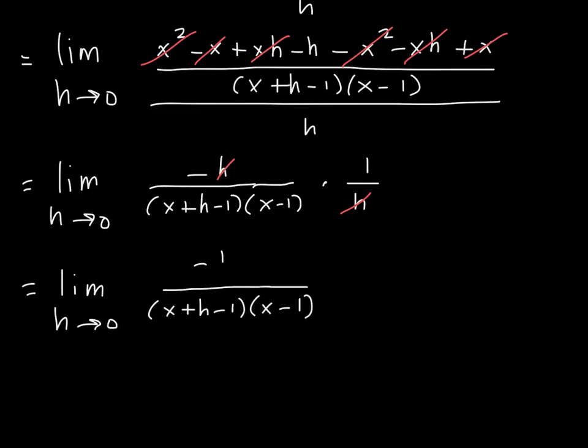Now, the denominator for once of this expression is no longer 0 when we use direct substitution. So let's go ahead and directly substitute here. Let h become 0. And what this equals is negative 1 over, if you let h be 0, then this is (x minus 1) times (x minus 1). So then this is (x minus 1) quantity squared.